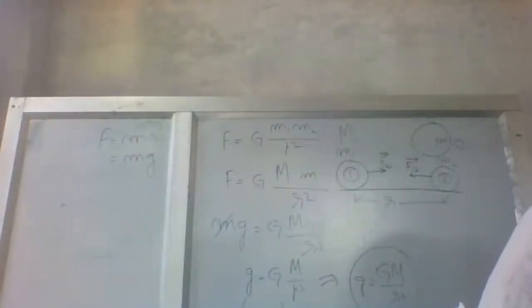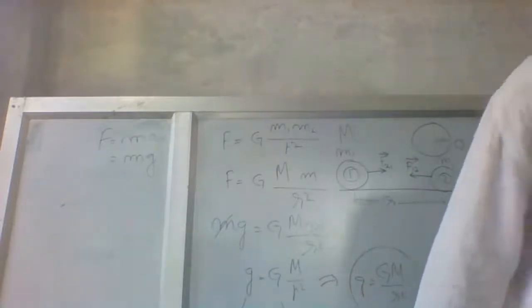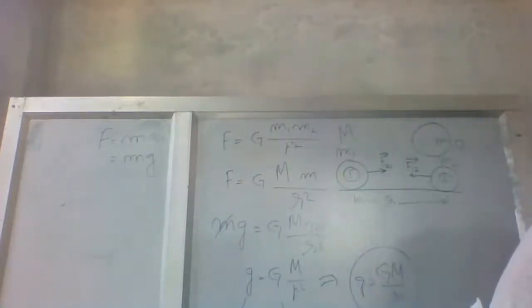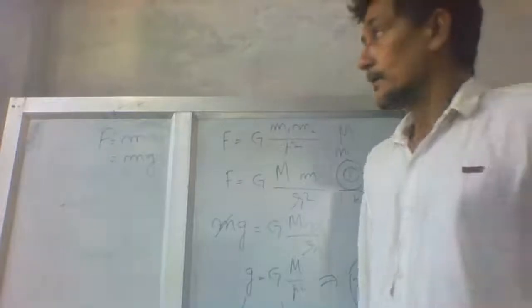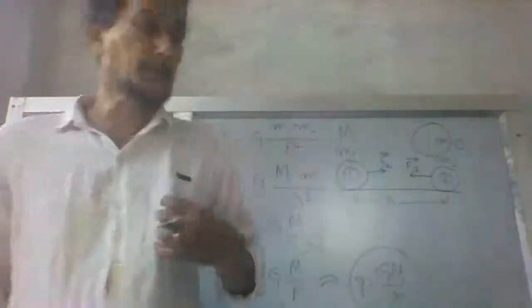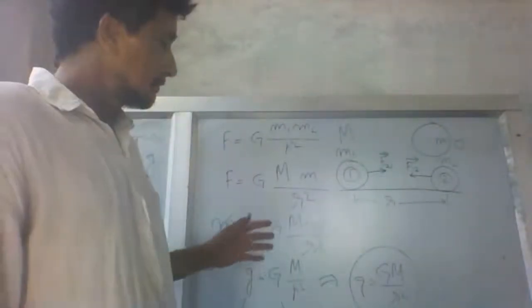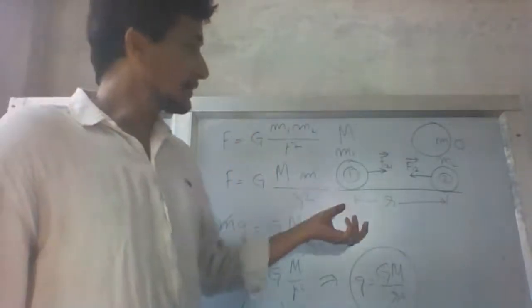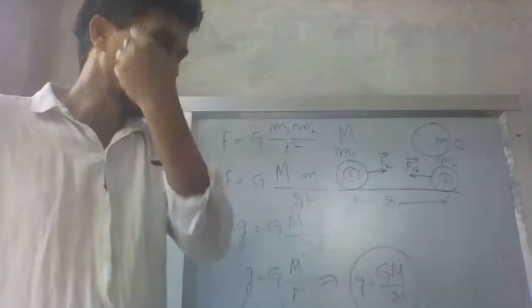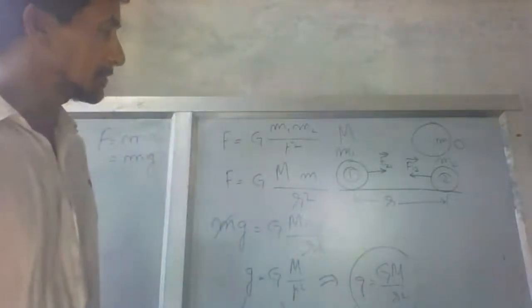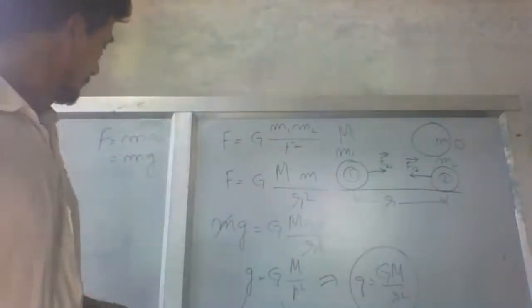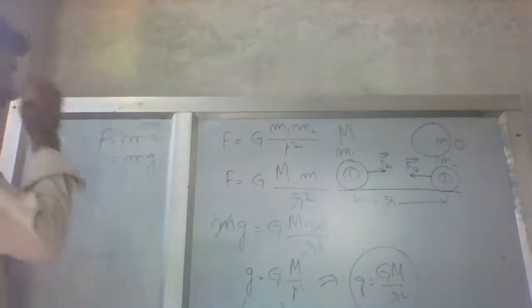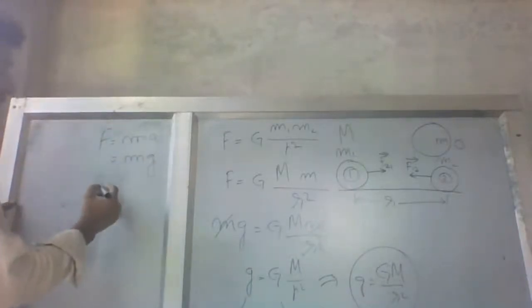And like this, the gravitational field. Sometimes we have seen the gravitational field value. What is that? I have written over here F is equal to mg.